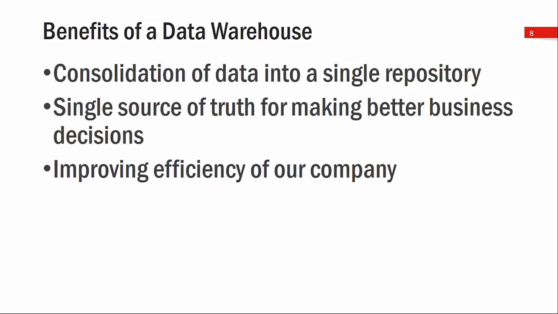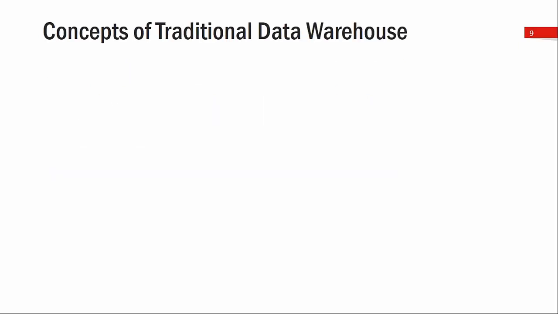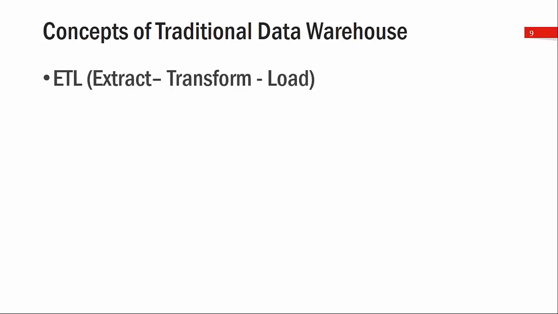There are a few concepts about a traditional data warehouse architecture that we need to understand. The first one is the ETL process: extract, transform, and load information. When you extract the information from an ERP system, for example, or from the CRM system, we only have data, right?